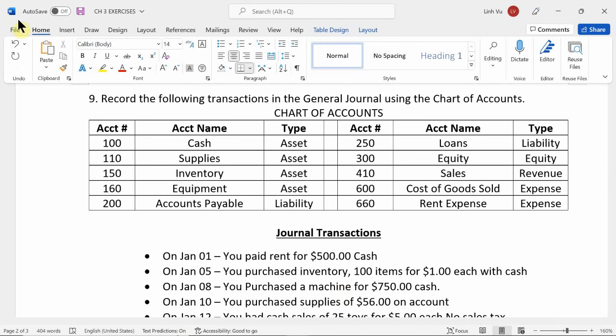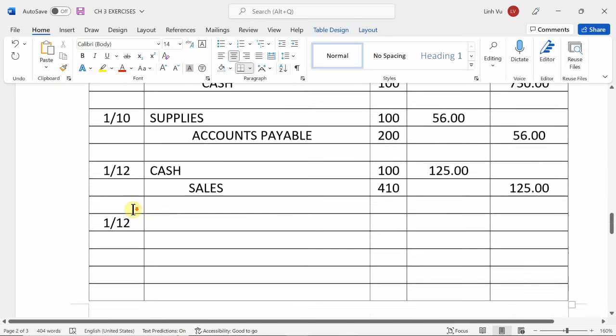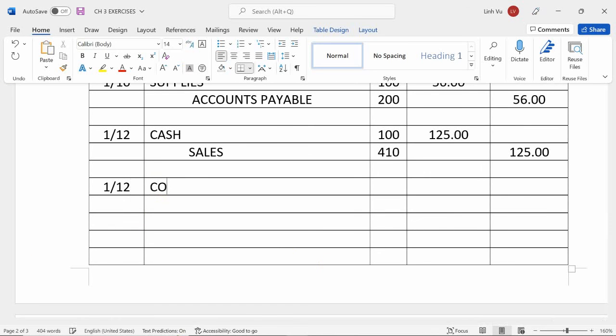Yes. So therefore, let me see. This is 600, which is an expense, right? You're going to increase your expenses with a debit, and you're going to decrease your inventory. Okay, so that's how you're going to adjust it. So you got a cost of goods sold, and you have your inventory account.